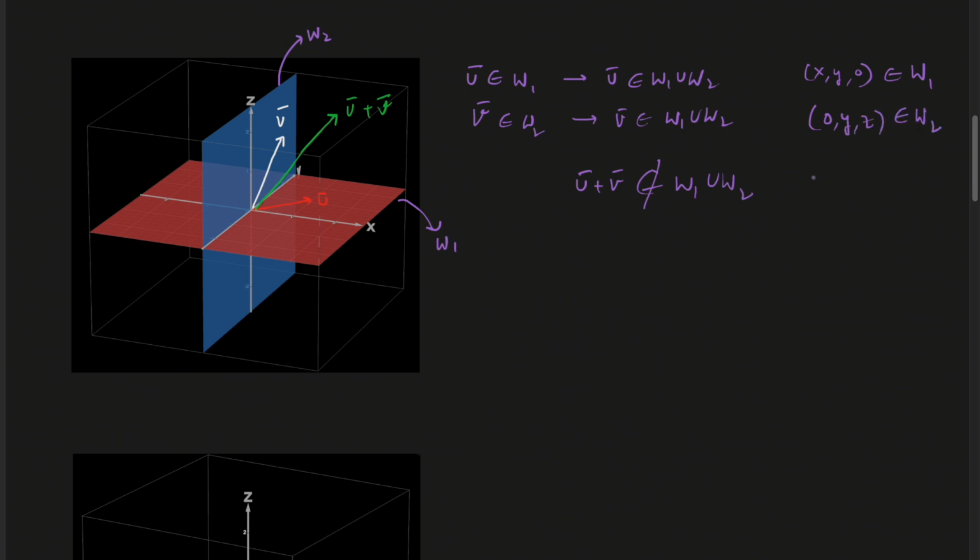But u plus v is of this type, that is x y 0, and such type of element doesn't belong to the union. So here we can see that in the case of 3D also, the union of these two subspaces is not a subspace. Okay, now we will see the third case.